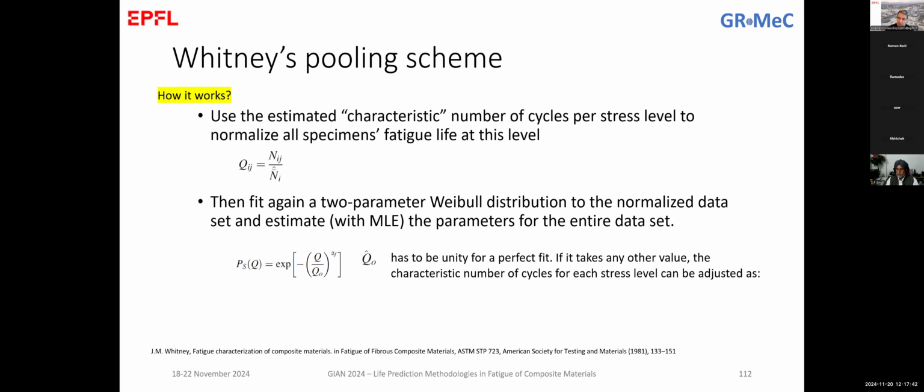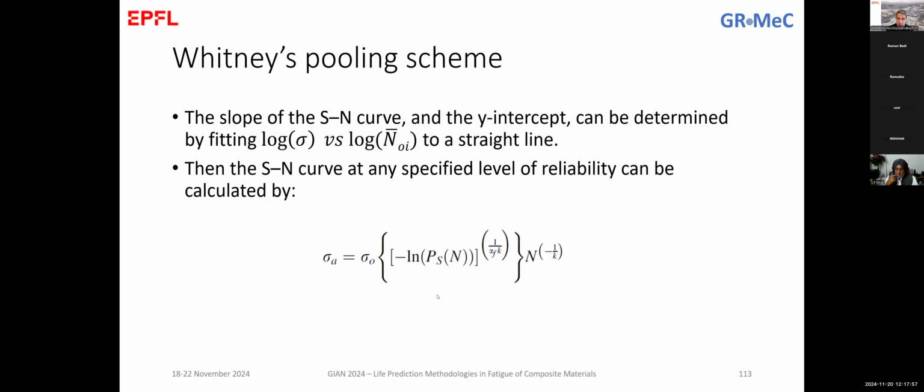And there you fit again a new Weibull distribution for this now Q, which is the pooled data set. And then the condition there is that this shape parameter should be 1.